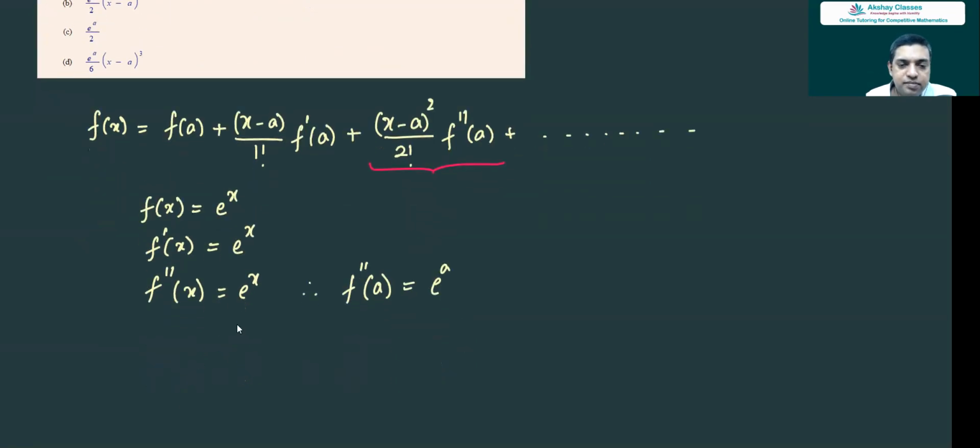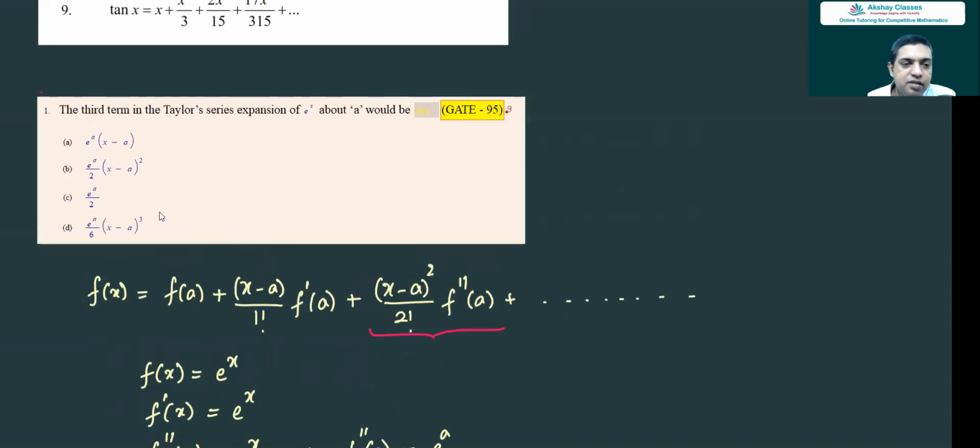Therefore, the third term is x minus a the whole square by 2 factorial into e power a. Very simple question. Just direct application of the Taylor series expansion.